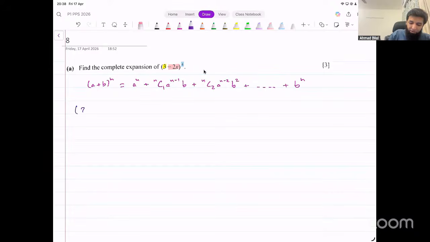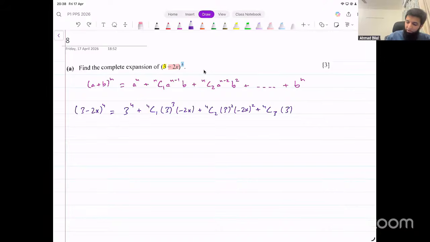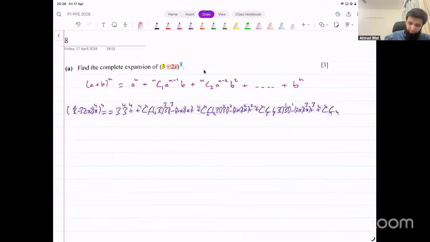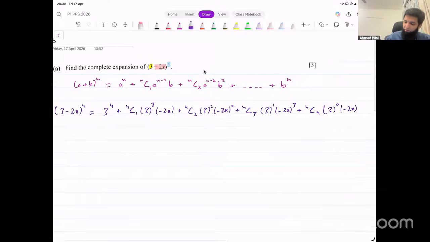Let's input values in the formula. 3 minus 2x power 4 equals 3 raised to power 4 plus 4C1 into 3 raised to power 4 minus 1, which is 3, into minus 2x, plus 4C2 into 3 raised to power 2 into minus 2x whole squared, plus 4C3 into 3 power 1 into minus 2x power 3, plus 4C4 into 3 raised to power 0 into minus 2x whole raised to power 4.